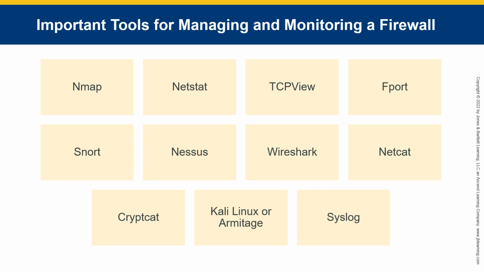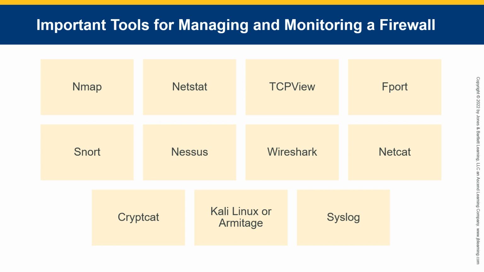You can use Netstat, TCPview, FPort, Snort, Nessus, Wireshark, Cryptcat, Netcat, yeah, Syslog. A lot of these are out there with Kali Linux and stuff like that to monitor the firewall. Syslog's for monitoring.